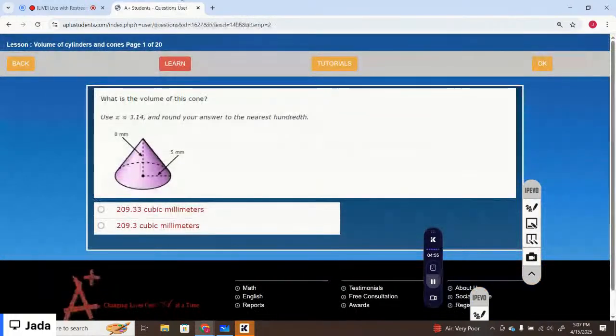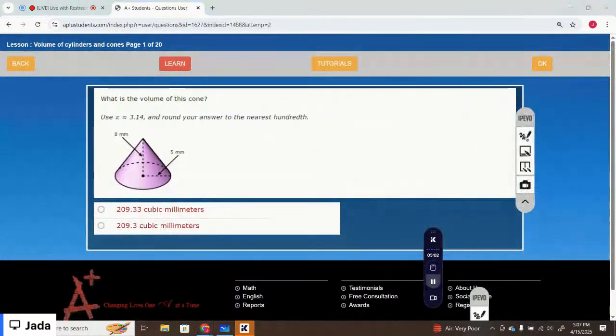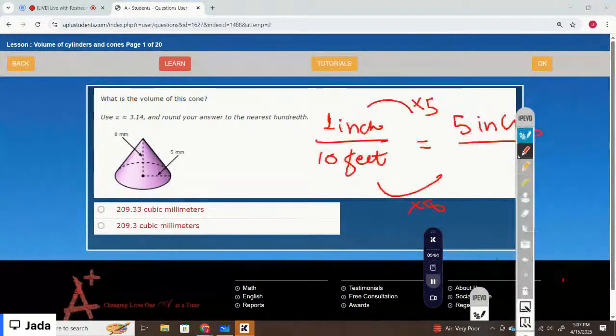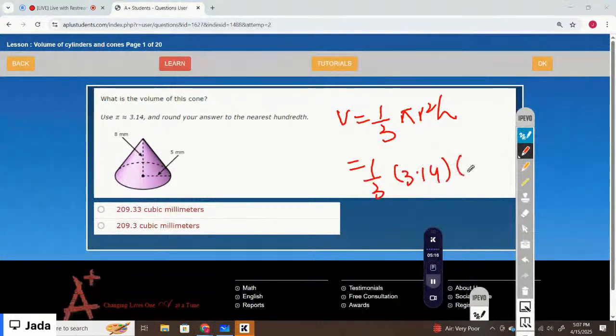What is the volume of the cone? We can calculate it by using the formula V equals 1 by 3 pi r square h. Pi has the value 3.14, the radius of the cone is 5 and h is 8. Let's do the calculations. 5 times 5 is 25, times 8, times 3.14, that is 628 divided by 3, so that is 209.3.